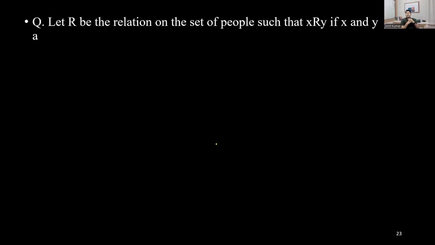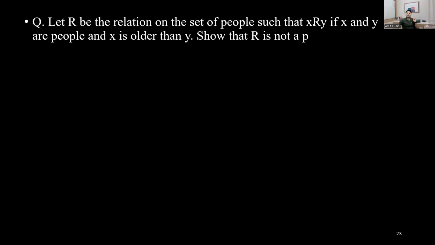Let us take one more example. Now consider R as a relation on a set of people such that (X, Y) belongs to R, or X is related to Y, if X and Y are people and X is older than Y. Show that R is not partially ordered.